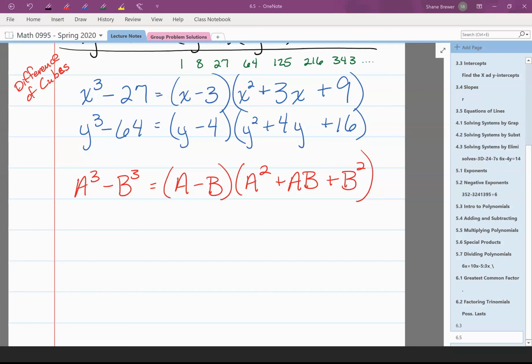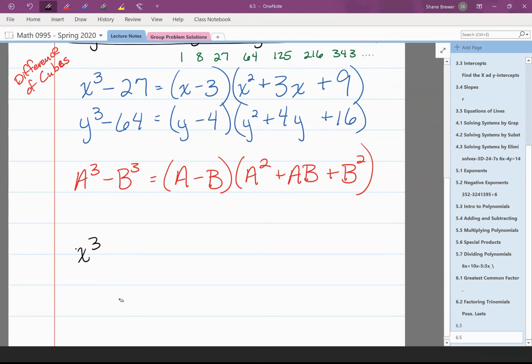All right. Let's go to this next. Let's do something like this. X cubed plus 125.